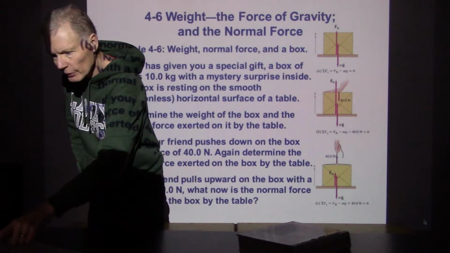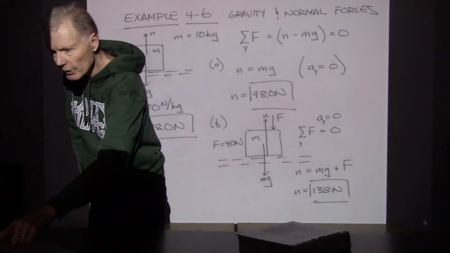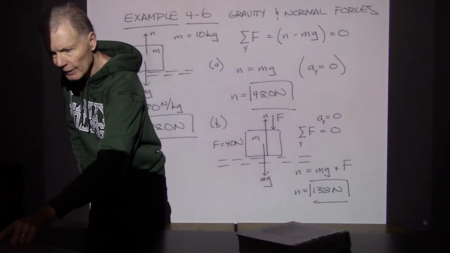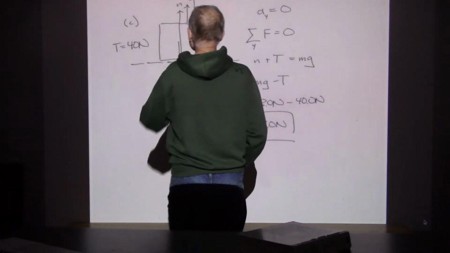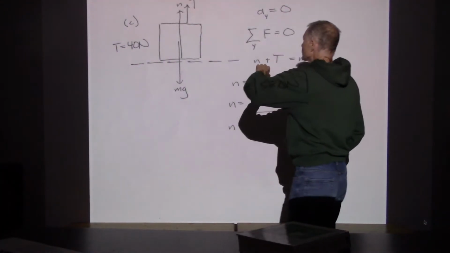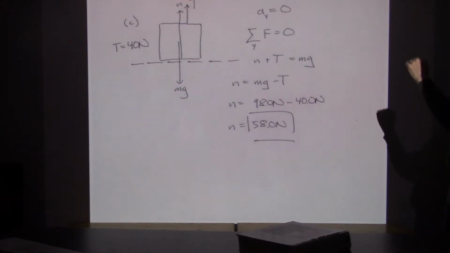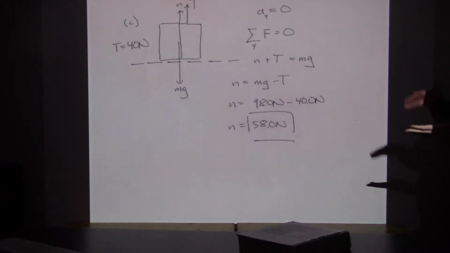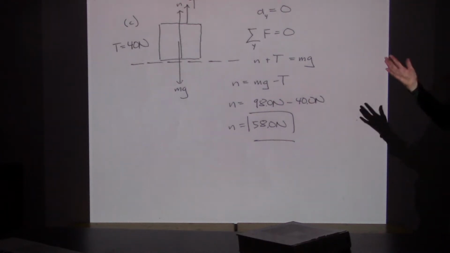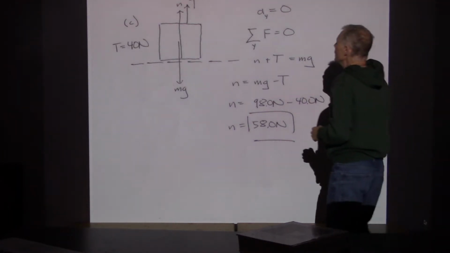Not necessarily. There are a couple of possibilities here, and you're probably ahead of me on this. If that tension is large enough, it will come right off the table. The normal force will be 0 if that happens. If it's no longer in contact, the normal force is going to be 0.